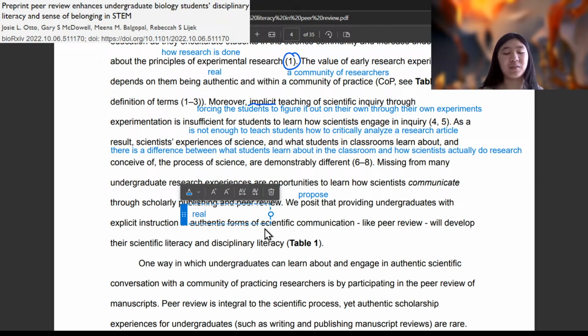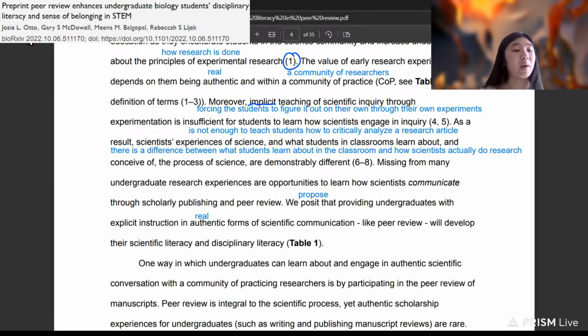Basically, real forms of scientific communication. Okay, so missing from many undergraduate research experiences are opportunities to learn about how scientists actually communicate their findings.